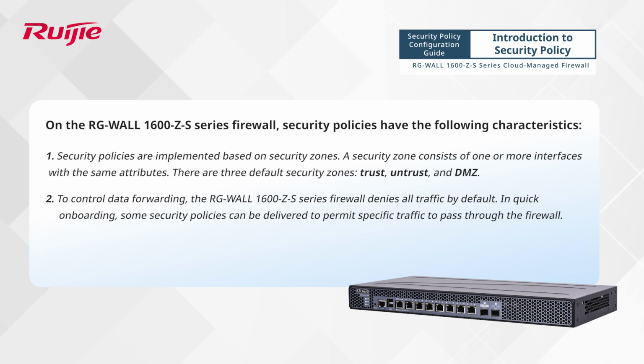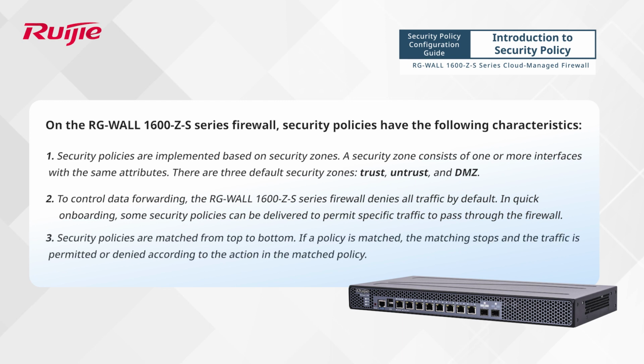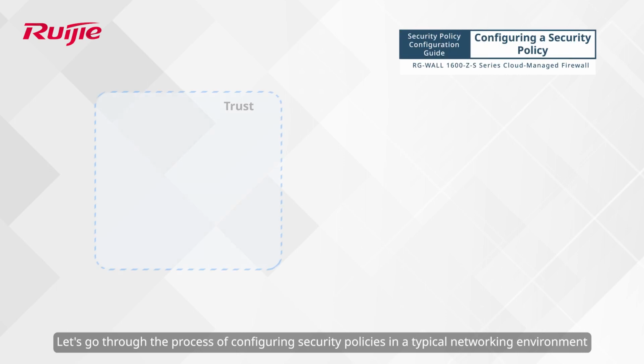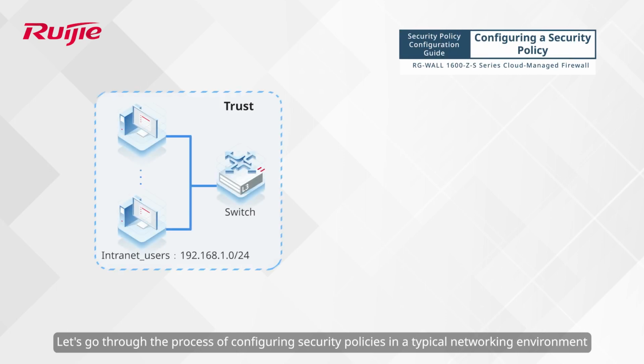In quick onboarding, some security policies can be delivered to permit specific traffic to pass through the firewall. 3. Security policies are matched from top to bottom. If a policy is matched, the matching stops and the traffic is permitted or denied according to the action in the matched policy.